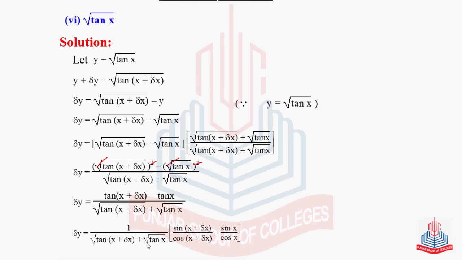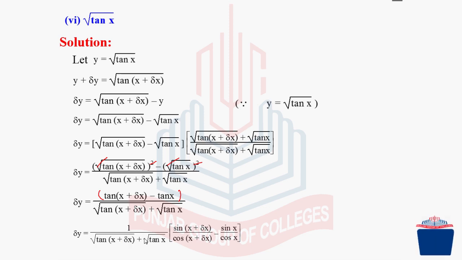And this numerator can be written as sine of x plus delta x divided by cos of x plus delta x minus sine of x divided by cos of x. Again, the same explanation for this step: when we apply the limit delta x approaches 0, this part will become square root tan x plus square root tan x, giving an answer of square root tan x multiplied by 2.